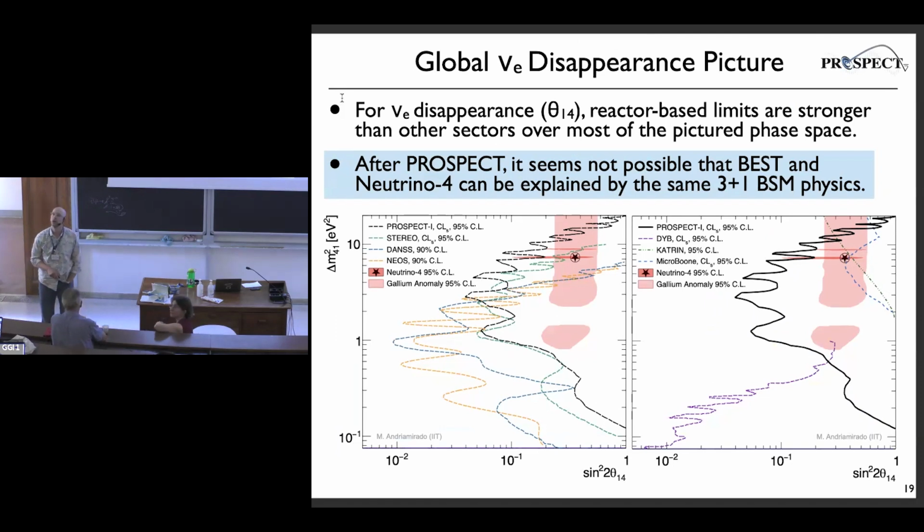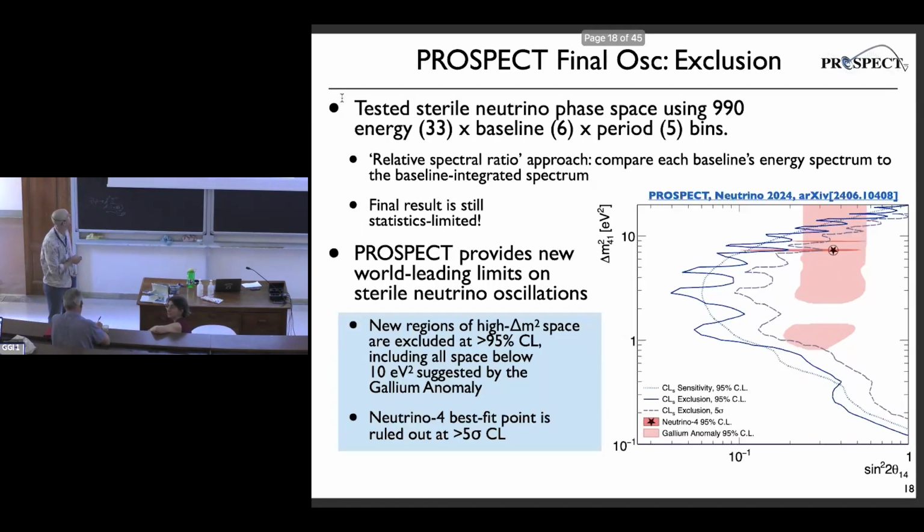On the previous slide, on slide 18, I guess the size of these wiggles has to do with the L over E resolution. Why is the Neutrino-4 region so narrow compared to? It's just because the wiggle at this point is very, very fast, and so when you move from 5 eV to 7 eV, it changes quite a lot in reconstructed energy.